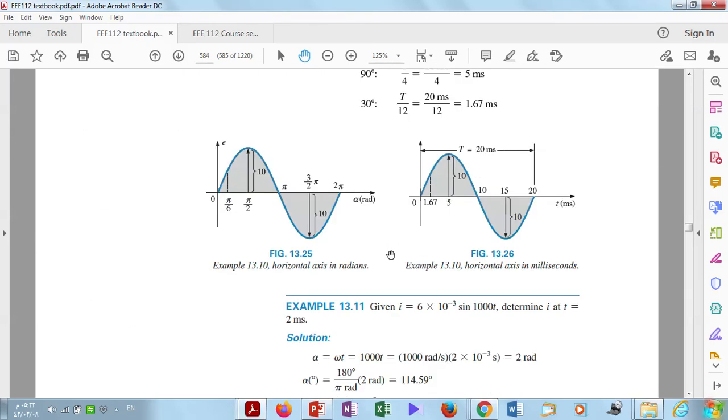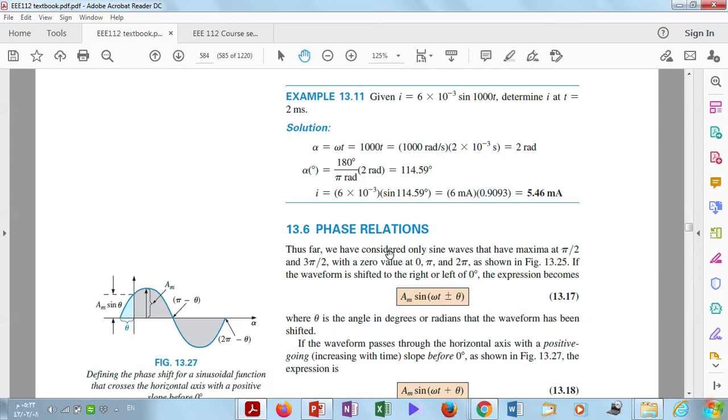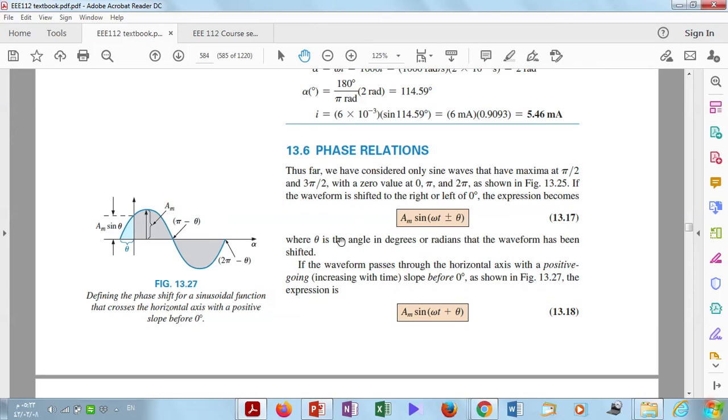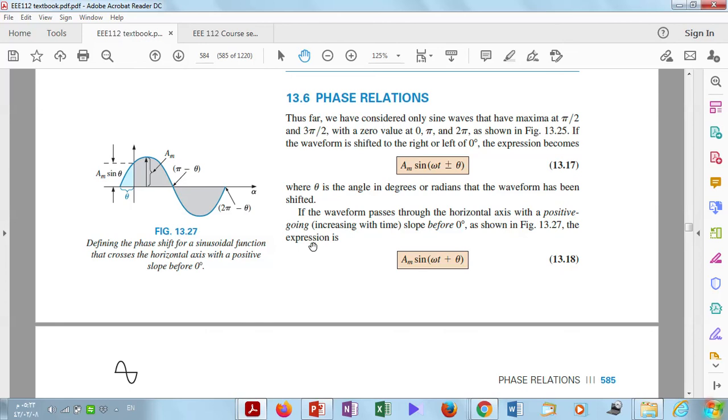Some examples you can go through. Try to solve examples as much as you can. Let us start section 13.6, which is phase relations. Also this is math, but not all the section, only some information we need.